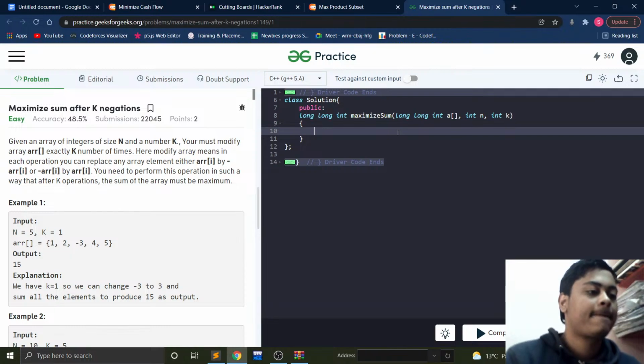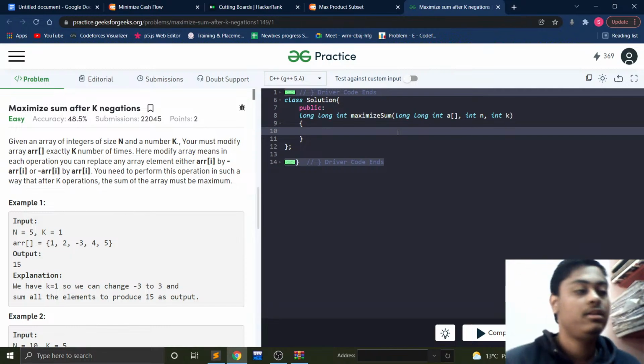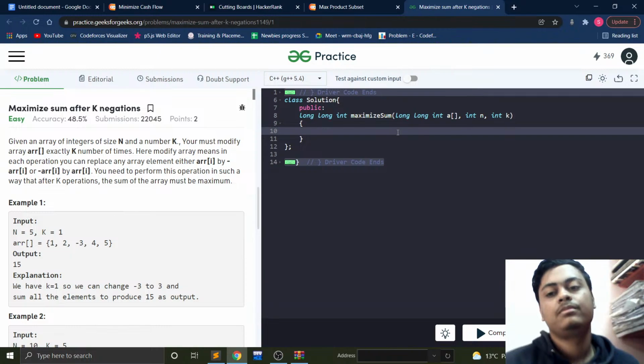Modify means in each operation you can replace any array element with minus array[i]. So I can negate after k negations. You need to perform the operations such that the sum of the array is maximum.